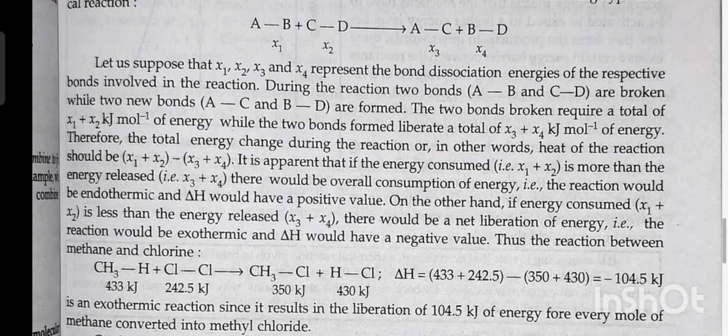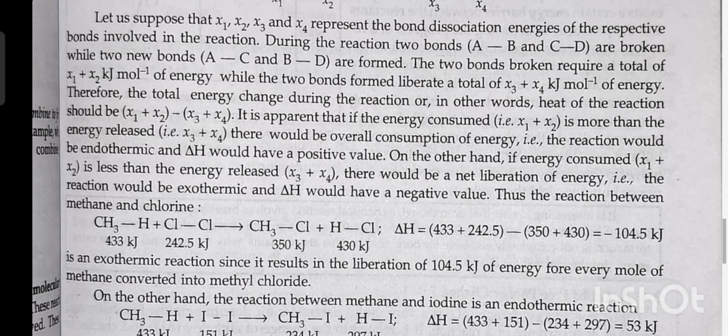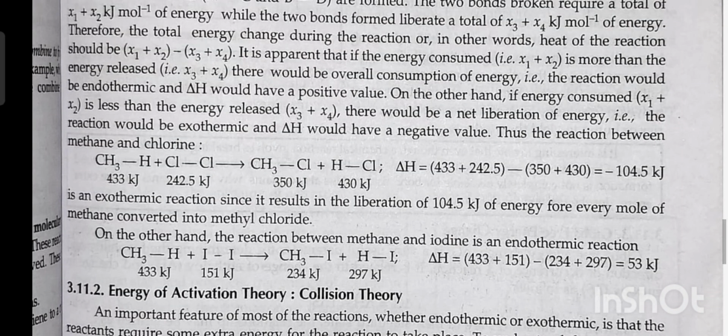It is apparent that if the energy consumed, x1 plus x2, is more than the energy released, x3 plus x4, there would be an overall consumption of energy, such that the reaction would be endothermic and the enthalpy of reaction would have a positive value.